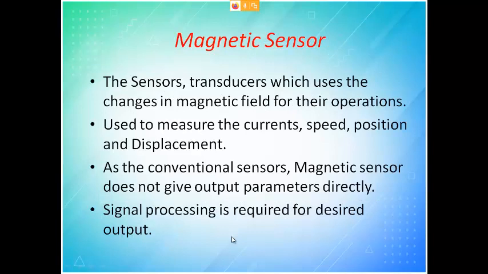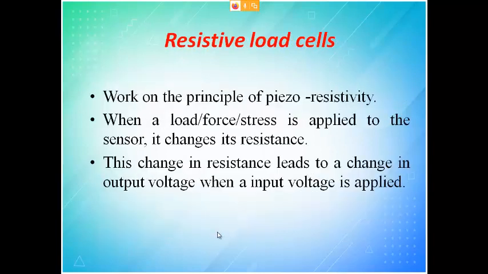Next comes the second topic of this unit. From strain gauge we are moving into magnetic sensors. The problem with the strain gauge, up to this resistive load cell, is that actual direct force has to be on my sensor. Whenever direct force is acting on my sensor, there can be physical damage.